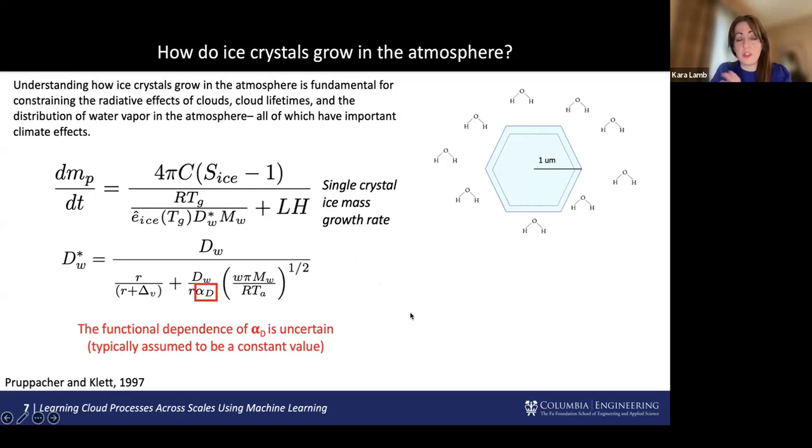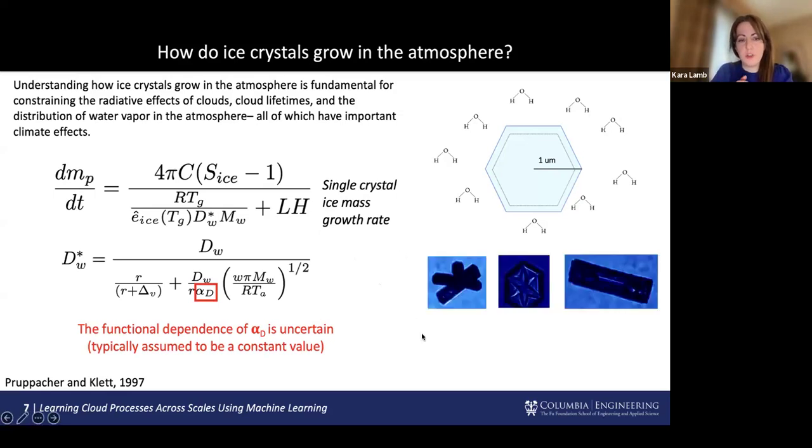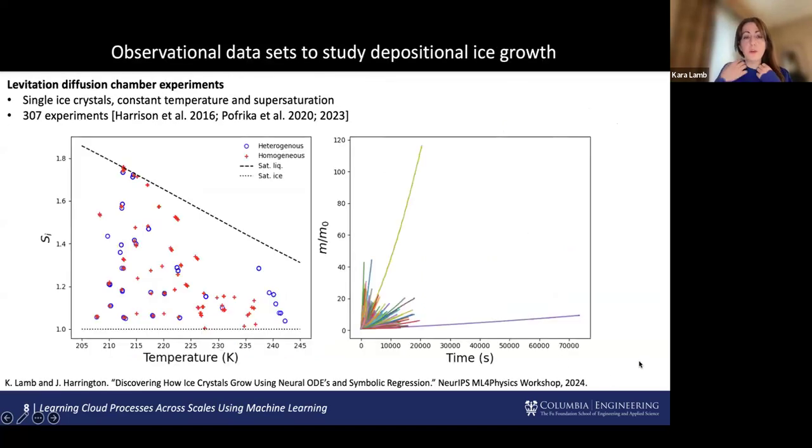And this parameter not only tells us how efficiently ice grows, but it can also be used to parameterize the shape of pristine ice because we can have different deposition coefficients on different surfaces of the ice crystal surface. So that's really the motivation for this, is trying to better understand this equation and whether we can learn some of that unknown physics in this equation.